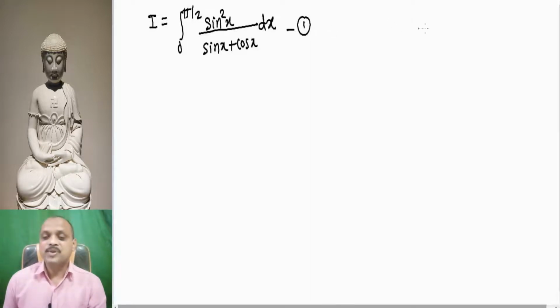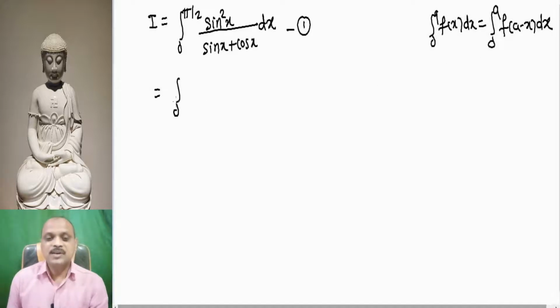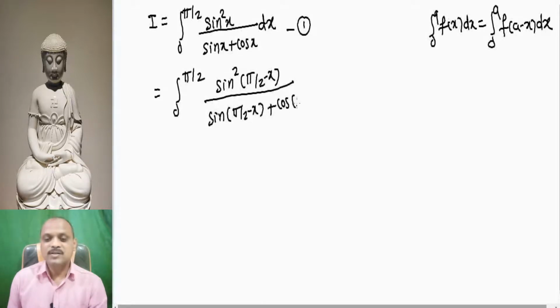Again apply the same property, that is integration 0 to a f of x into dx equals integration 0 to a f of a minus x into dx. Then this is equal to integration 0 to pi by 2 of sine square of (pi by 2 minus x) divided by sine of (pi by 2 minus x) plus cos of (pi by 2 minus x).